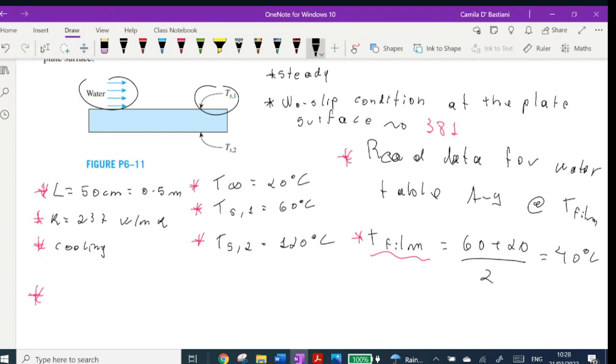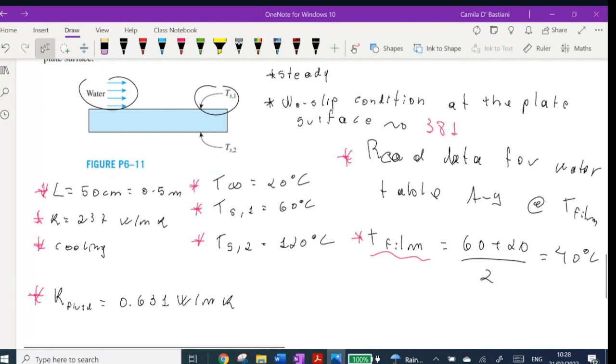I'm going to read my conductivity of the water at the film temperature, 0.631 watts per meter Kelvin. I think that's the only thing that I need to read.